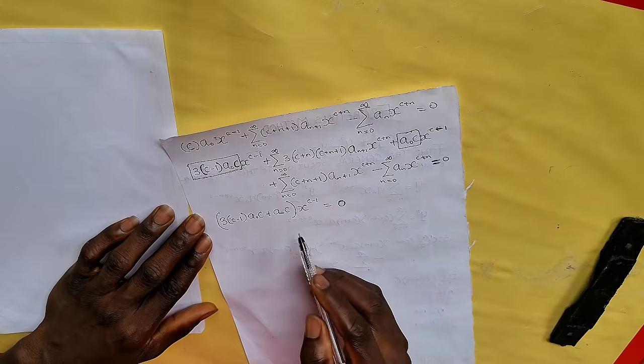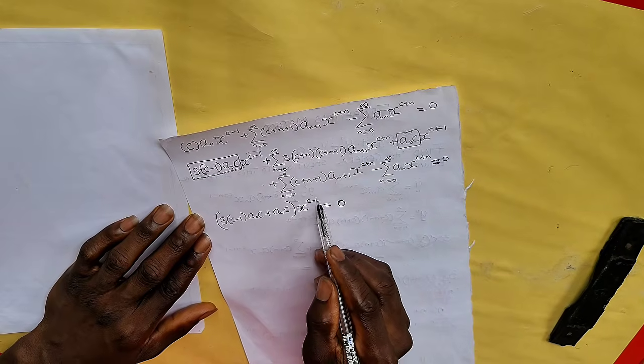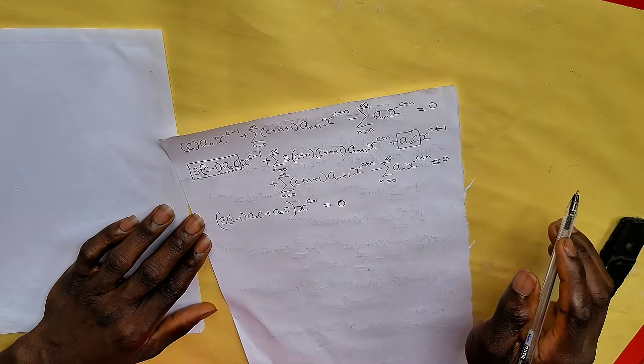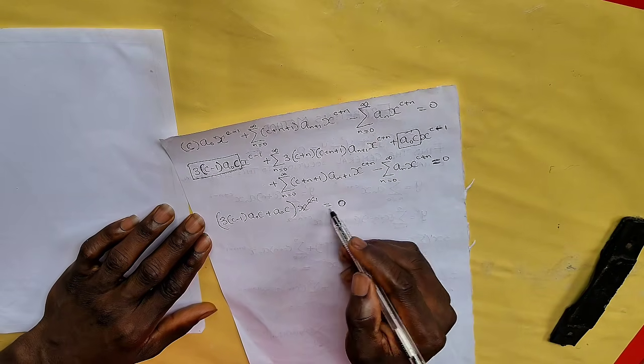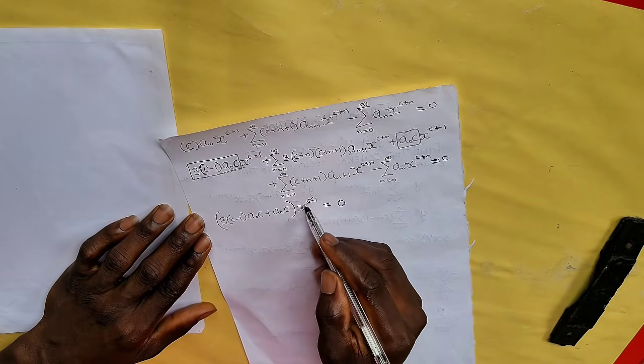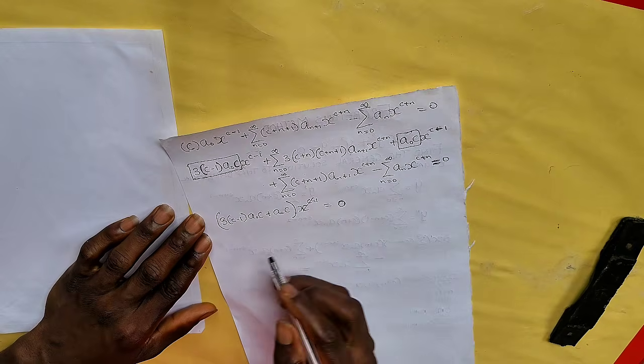Why did I say equals 0? Because there is no term with x raised to the power c minus 1 on the right hand side of the equation. So if we divide 0 by this, it will still give us 0, and I can cancel that out.